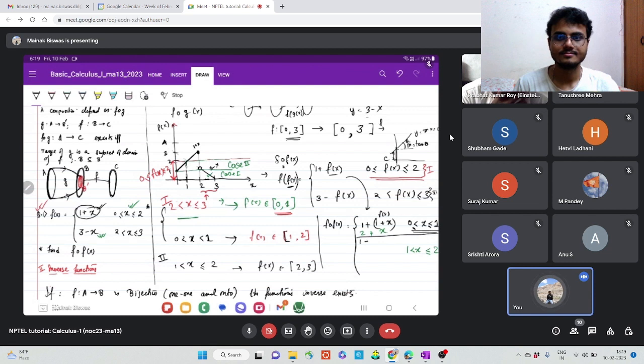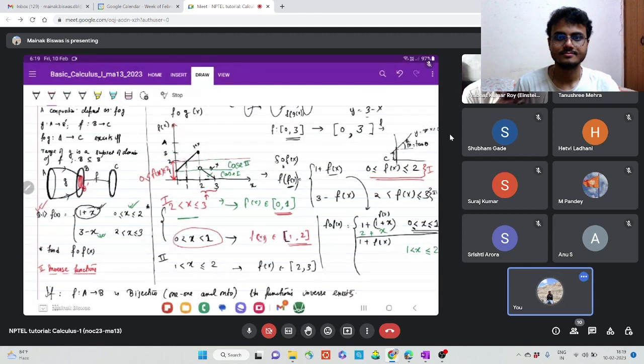So it's 1 plus f of x again. But now, for what values of f of x? Between 1 and 2, right? So for between 0 and 1, which function is the value taking? So from f of x between 1 and 2, the function is taking 1 plus x value.